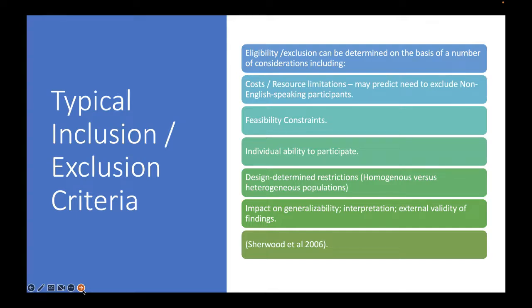And when I say heterogeneous, I'm talking about some designs, particularly qualitative ones, that thrive on the idea that every participant is different. So the richness of the sample is because everyone is different.